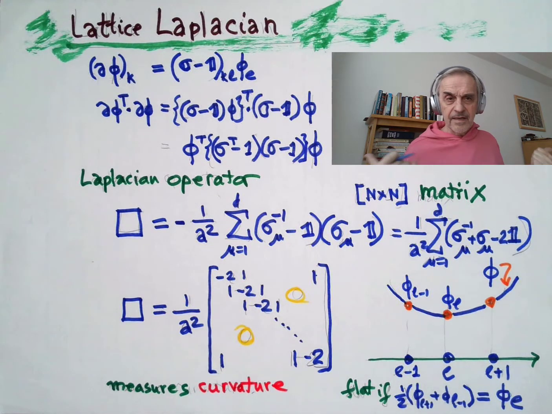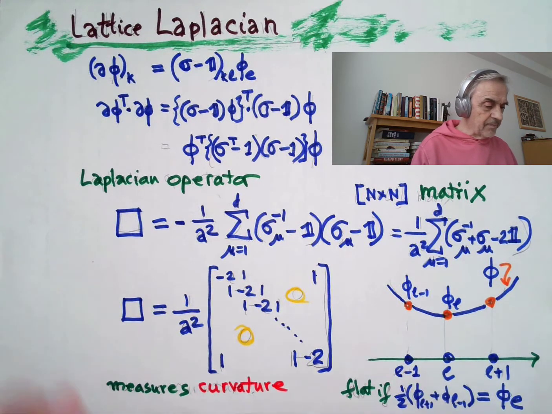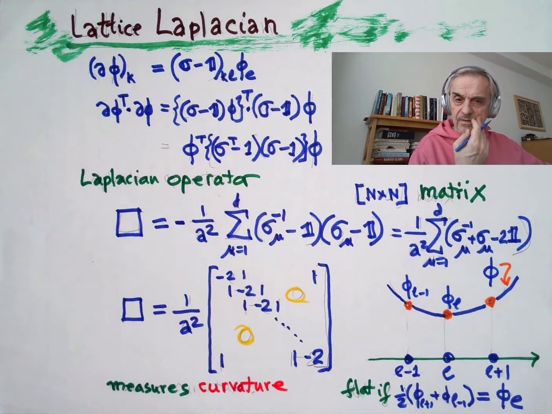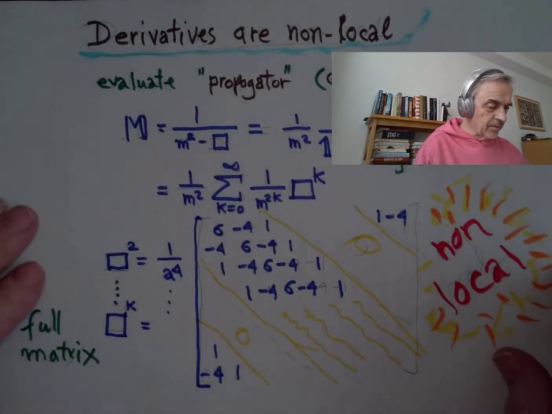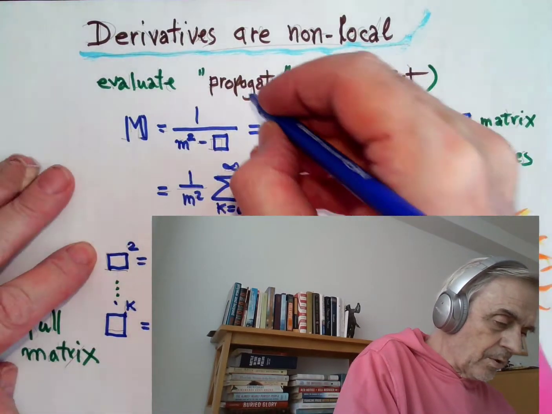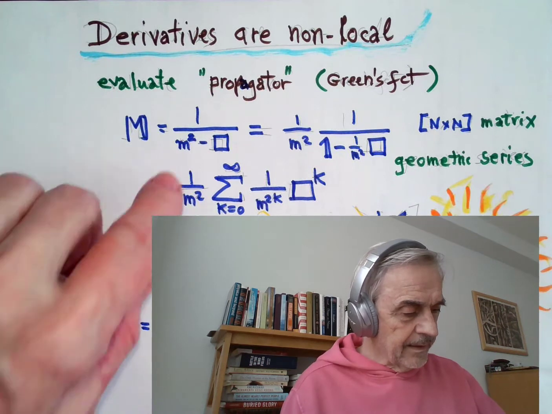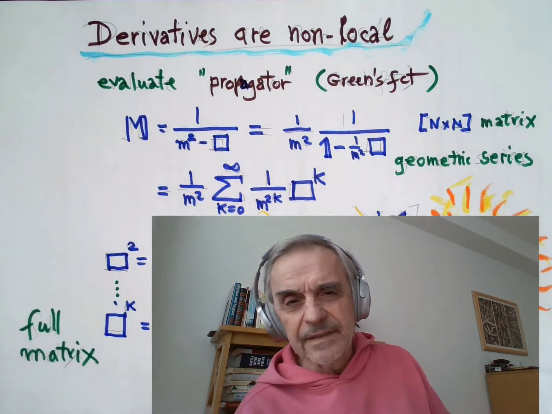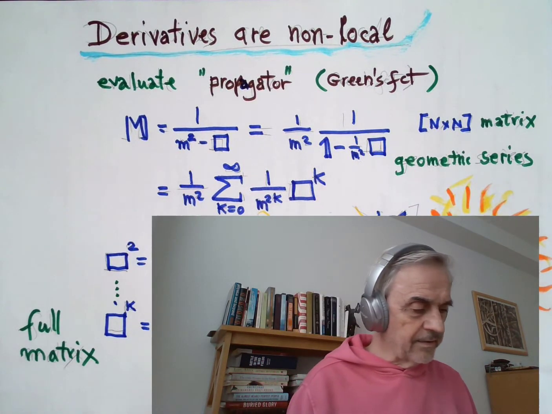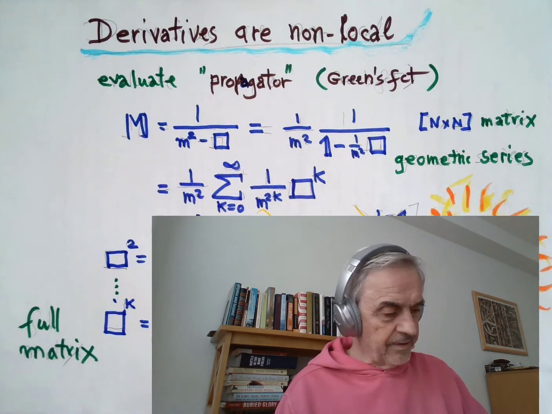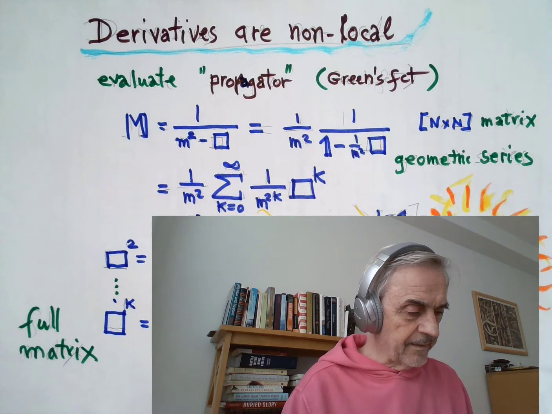I'm here, I compare myself to neighbors. But then if you look at any natural function of the Laplacian, here is a function that appears all the time. It's called the propagator. Or it's called the energy of a harmonic oscillator. You compare the inertia to the acceleration, a second order term in it.